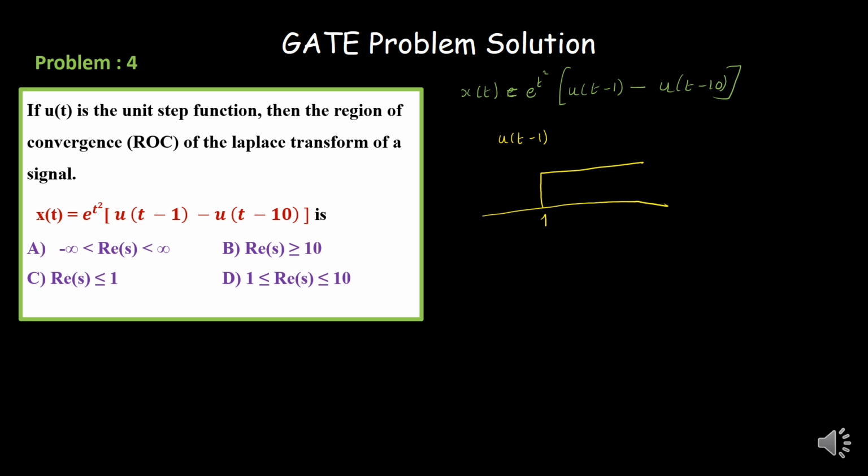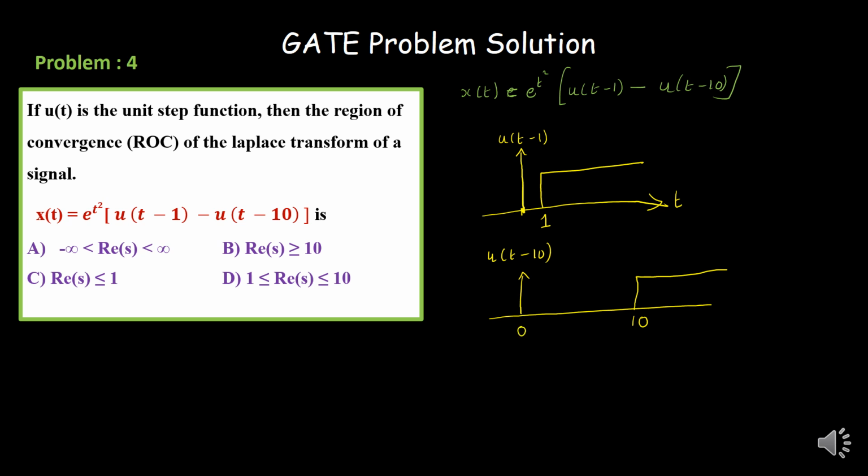So it will be starting from 1. So this is the signal representation for u of t minus 1. And for u of t minus 10, it should start from 10 second.